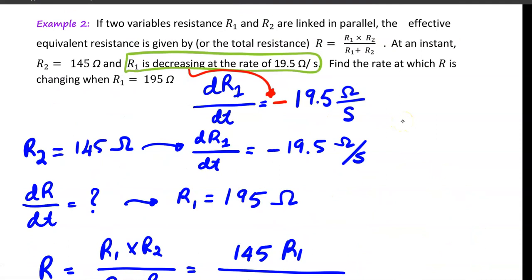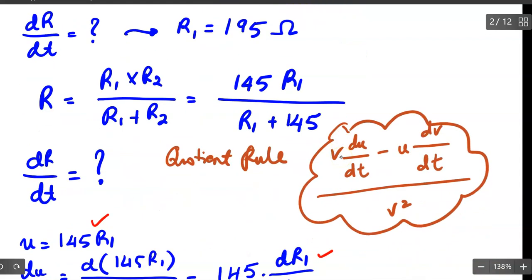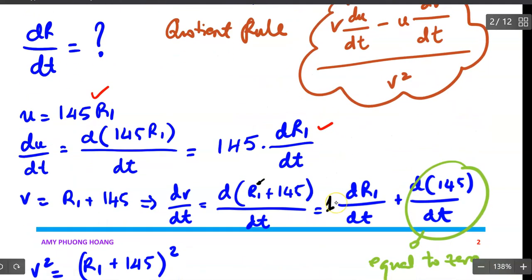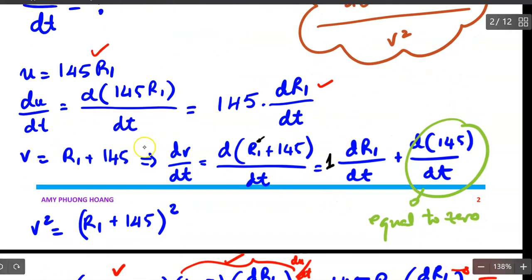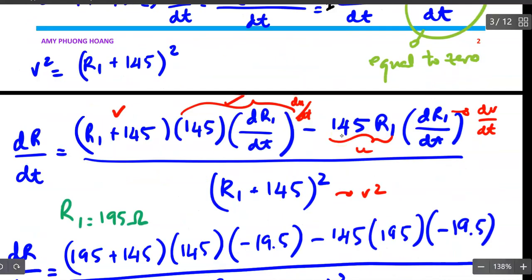Then after you identify the fixed values, you substitute into this equation. You know that R1 is changing, so you leave the variable R1 and differentiate accordingly in terms of time using the quotient rule. When differentiating in terms of time, we have to make sure that we multiply by the derivative of R1 over dt in this case.